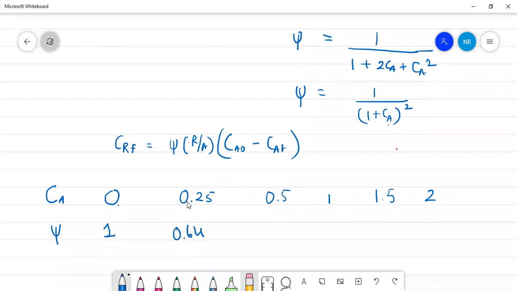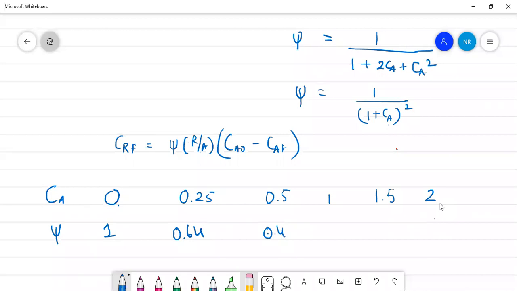Okay, can you help me to finish this table? For 0.5, okay, 0.44. Very good.